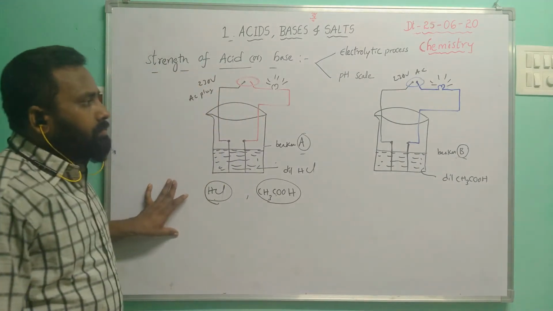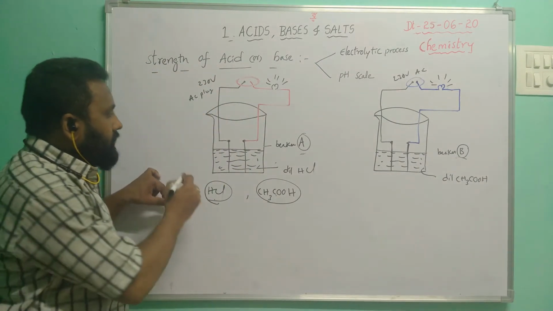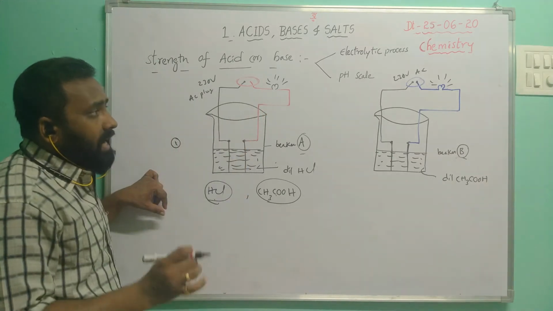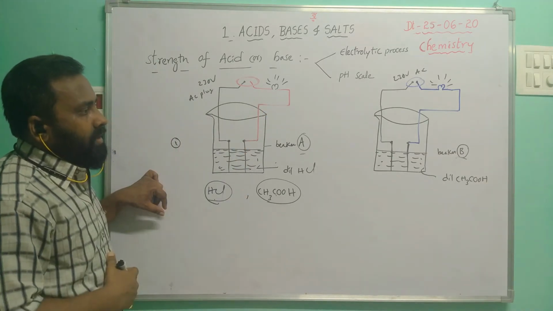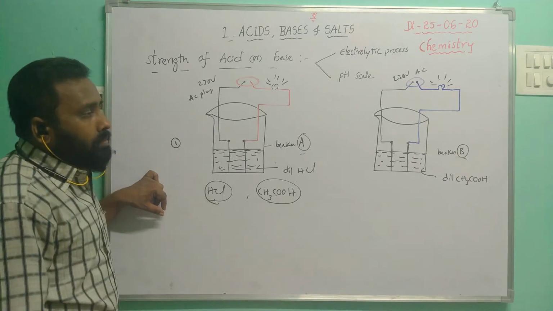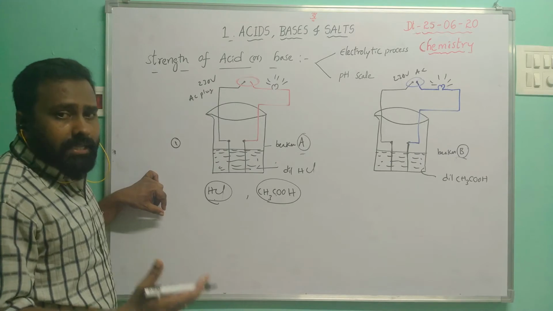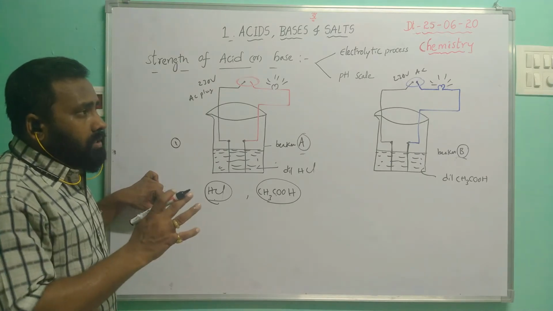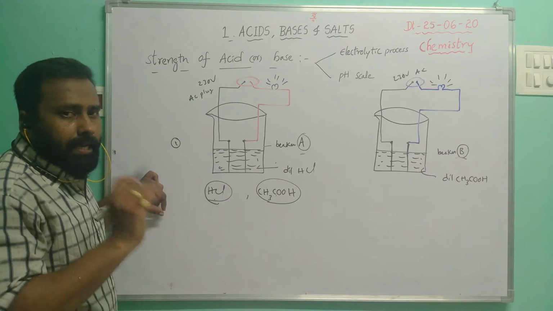But our observation is that in the first case, the bulb glows with high intensity, very brightly. That means HCl gives more H3O+ ions.